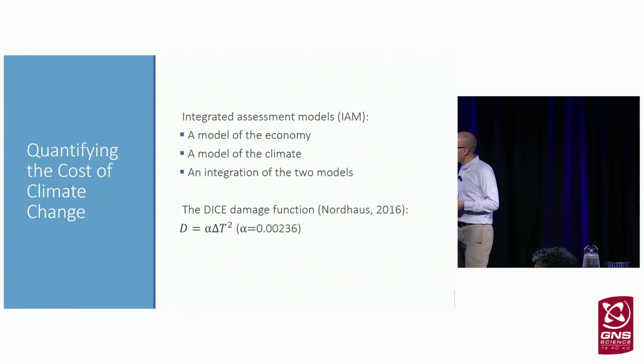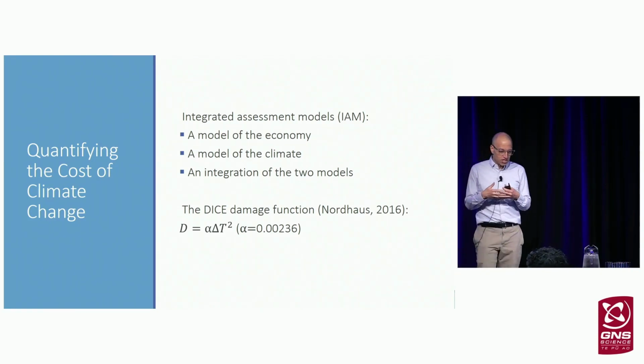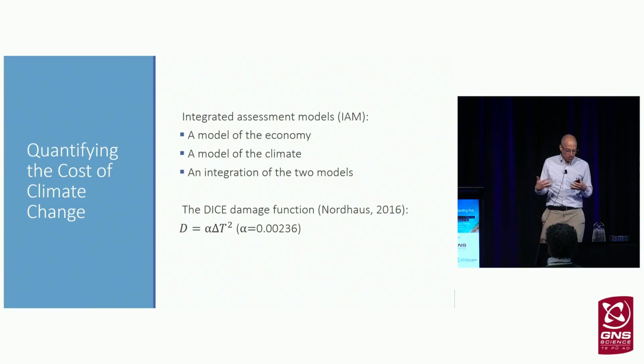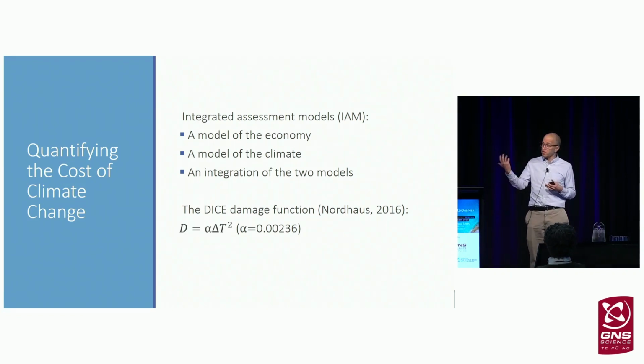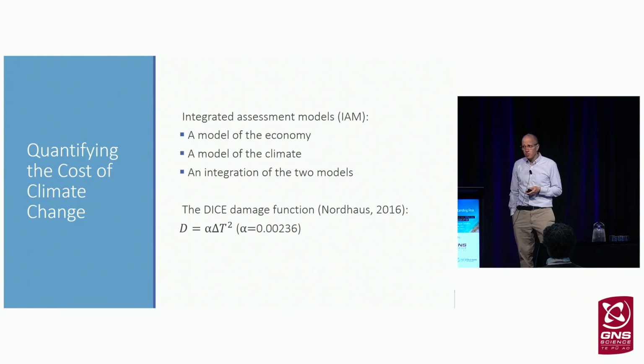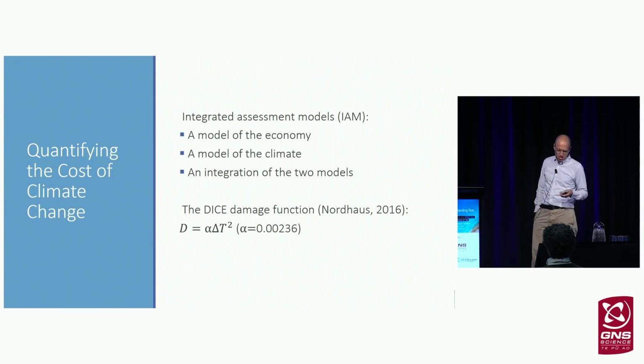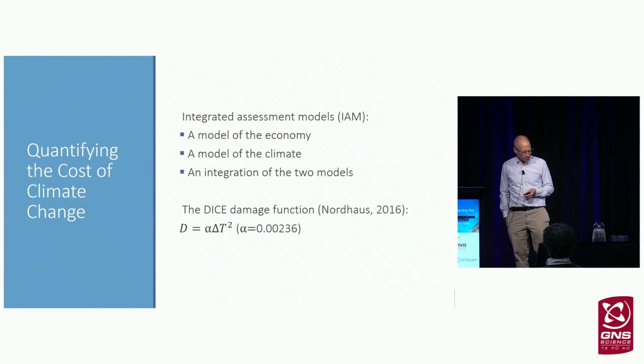So this is just an example of the integration of the economic model and the climate model coming out of one of the most famous integrated assessment models. That's the IAM done by William Nordhaus, who won the Nobel Prize in economics a few years ago, largely for his work on climate change.